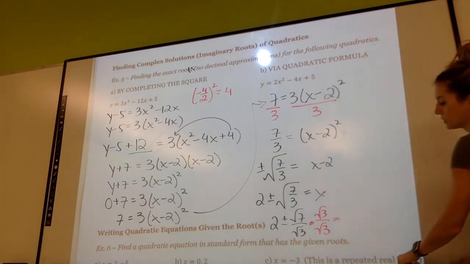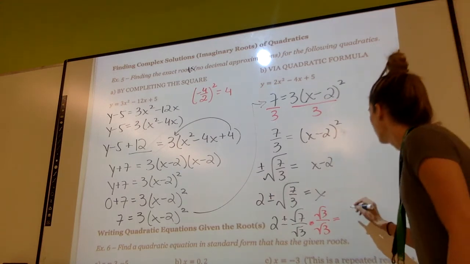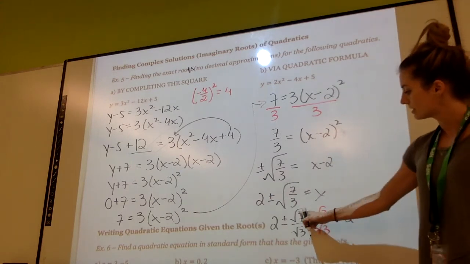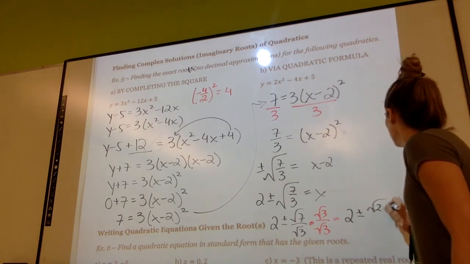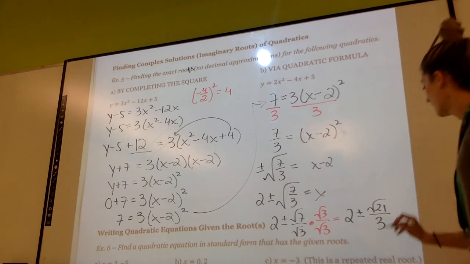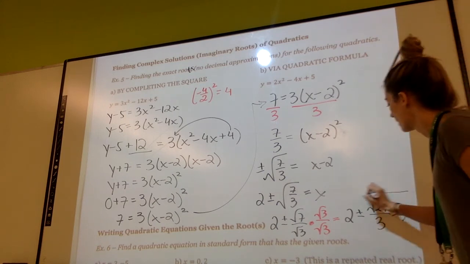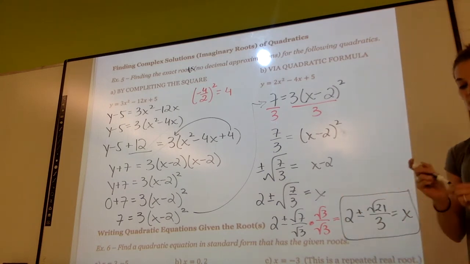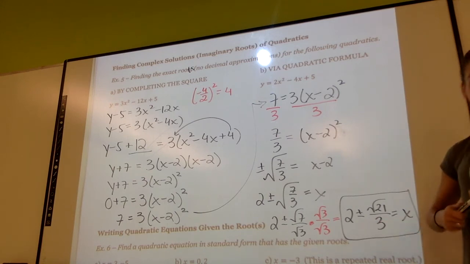We're getting pretty close to our final solution. We have 2 plus or minus the square root of 21 all over root 3 times itself, 3. These are our solutions for x. They are exact, not approximate, and there are 2 of them because of that plus or minus.